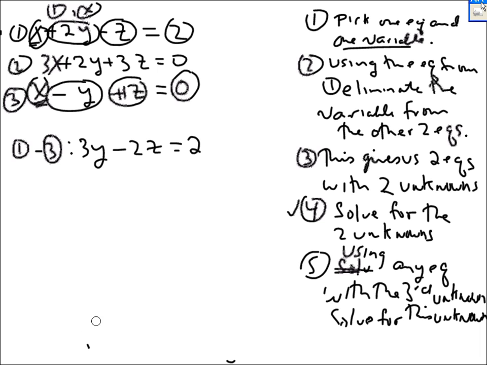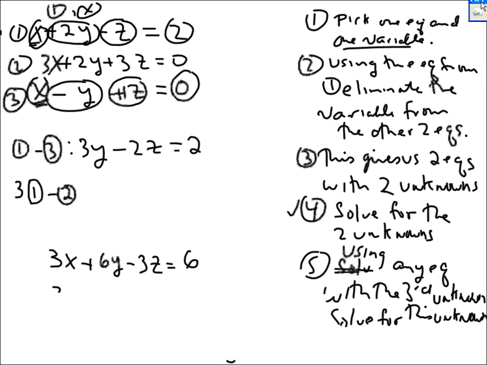Now, I'm going to get rid of x in equation 2. I'm basically going to do 3 times 1. Then I'm going to take away 2. Because if I triple the first equation, that is, I multiply it by 3, I'll get 3x.